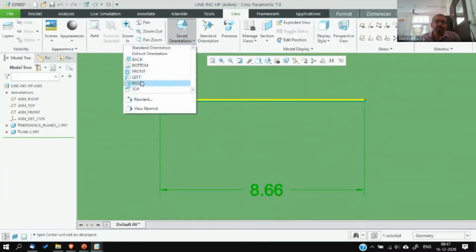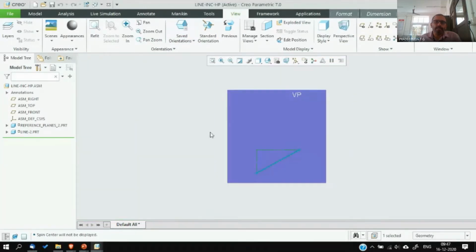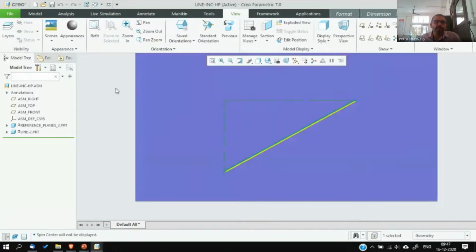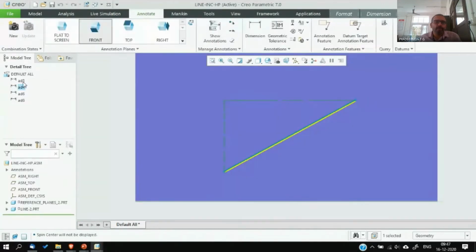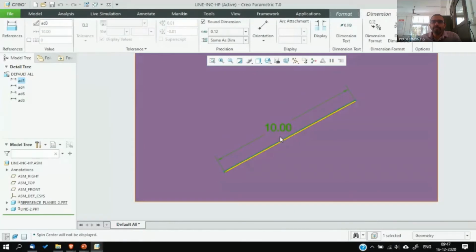But in the front view, how does it come up? Let's see. What is the length in the front view? See, in the front view, it is 10 itself, because it is parallel to VP.